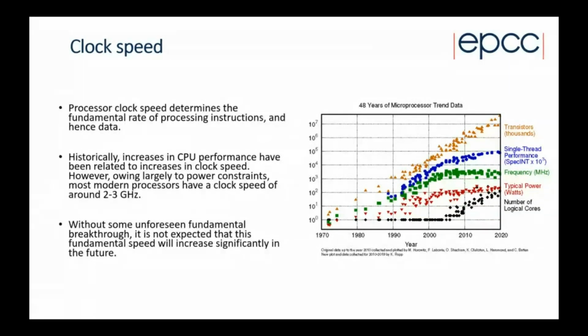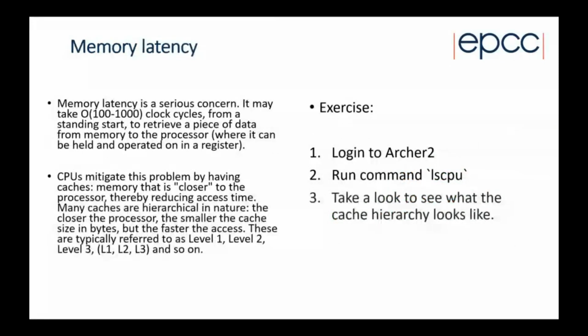GPUs really just take this parallelism to an extreme effect. If anything, they continue the trend by reducing clock frequency even further. So without some fundamental breakthrough, we do not expect clock frequencies to be able to deal with the power density. So we don't expect that to increase any further. We really are limited and have to find a new way of computing.